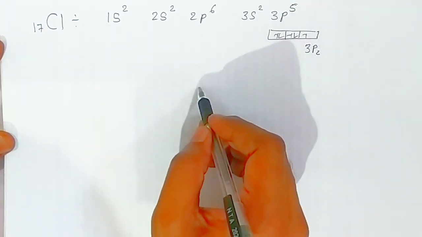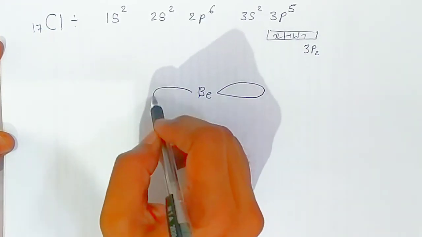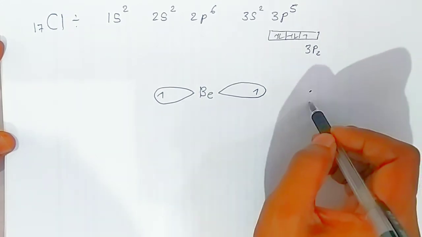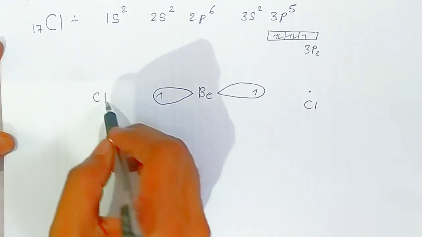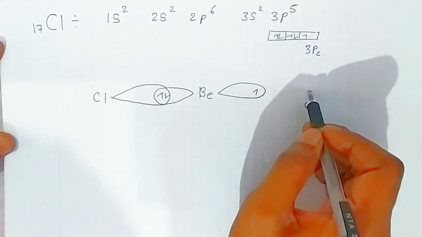So students, the beryllium hybrid atomic orbitals having 1 unpaired electron will combine with the 2 chlorine atomic orbitals like this, having 1 unpaired electron.